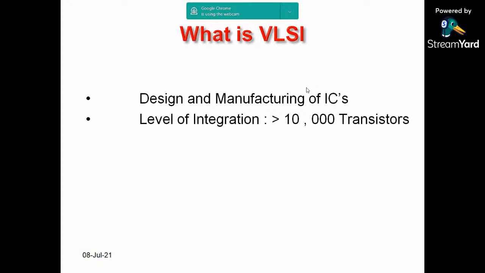So what this domain actually does is design as well as manufacturing of integrated circuits. When I say design, there are various ways in which you can design, which is where you're going to talk about what ASIC is and everything. And manufacturing is taken care of by the fabrication industries. The giants are TSMC, Taiwan Semiconductor Manufacturing Company, and we have United Manufacturing Company.